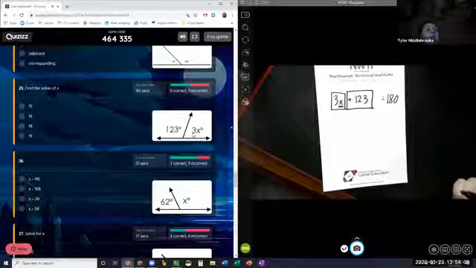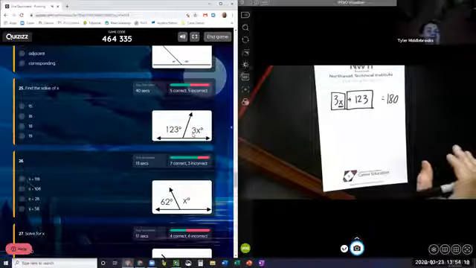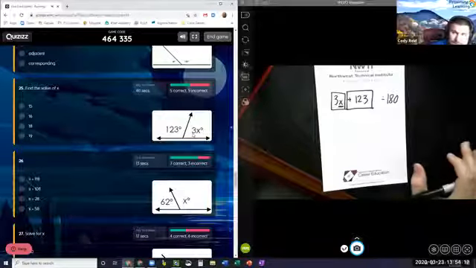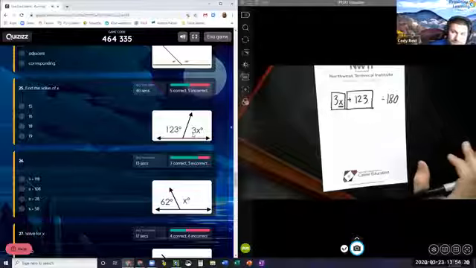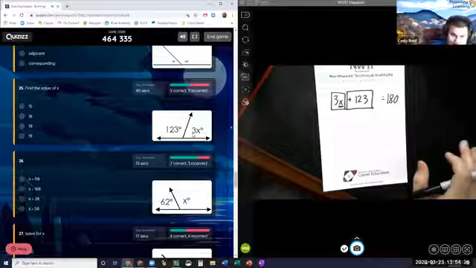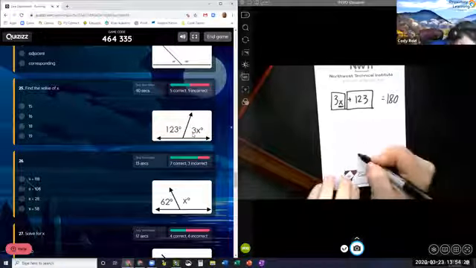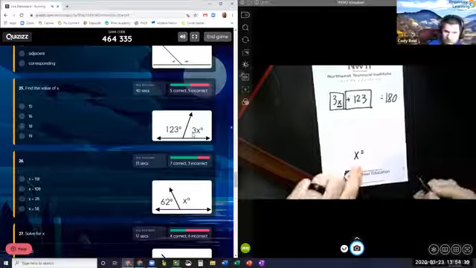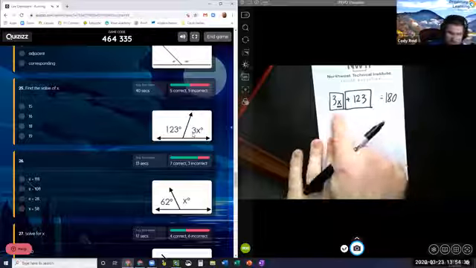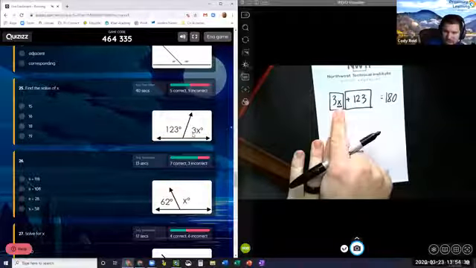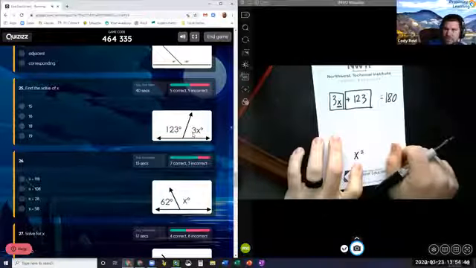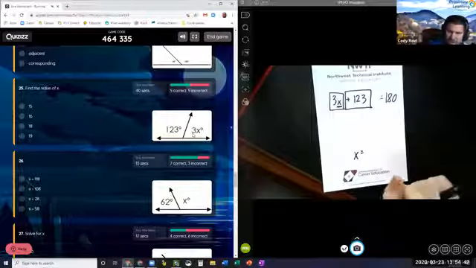Guys, you know this. I'm giving them a split second to think about it. If we are trying to get x by itself, the first thing we've got to do is either divide by 3 or subtract 123. Are we going to subtract or divide first?